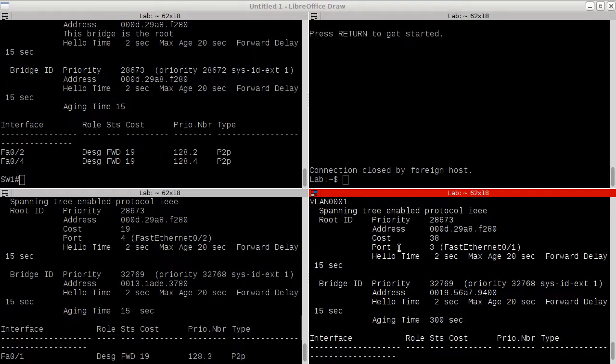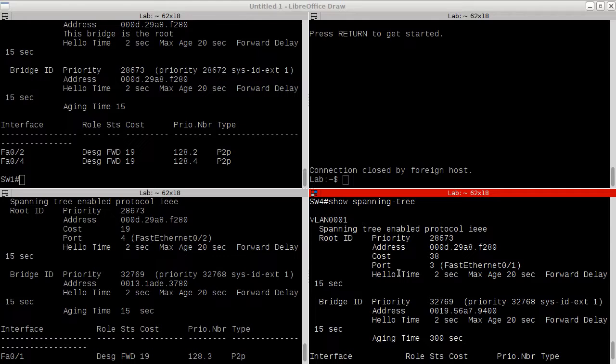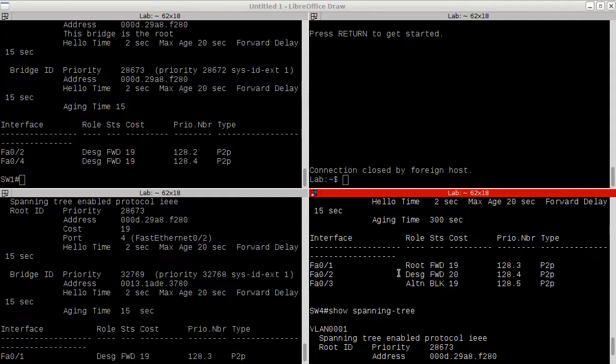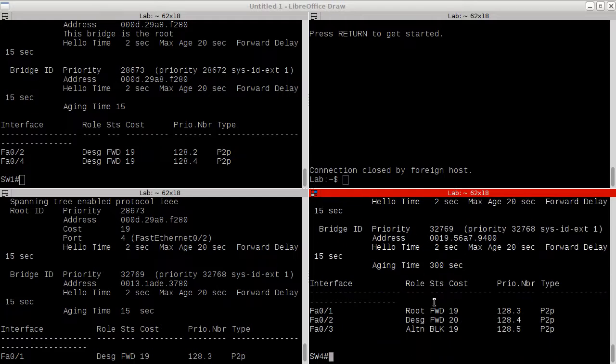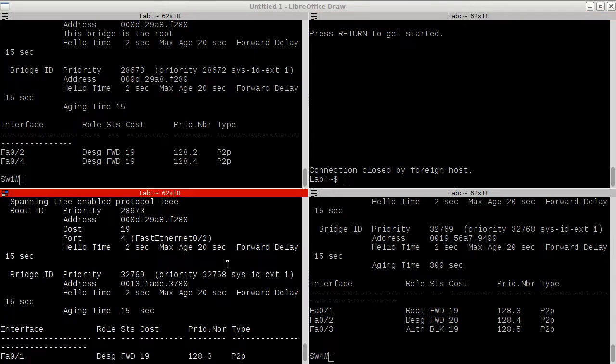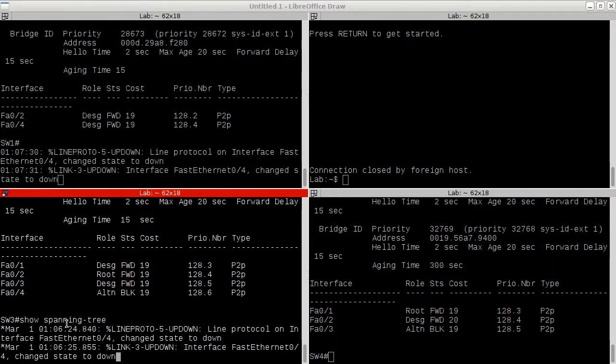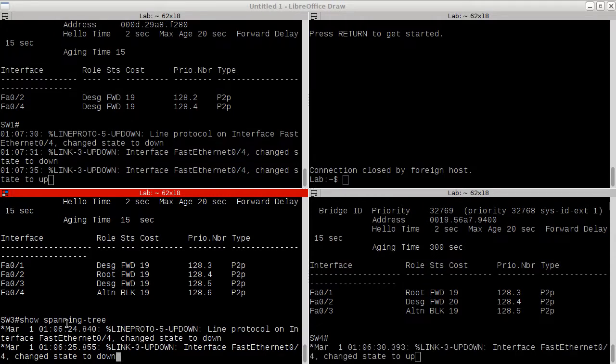This one has a cost of 38 to get to the root. I think we plugged that in wrong. So many cables, it's kind of hard to tell what's being plugged into what sometimes.